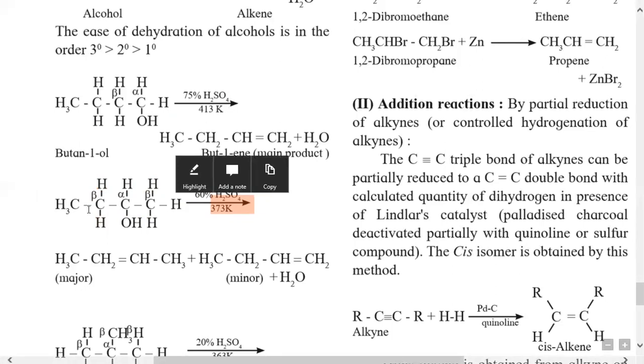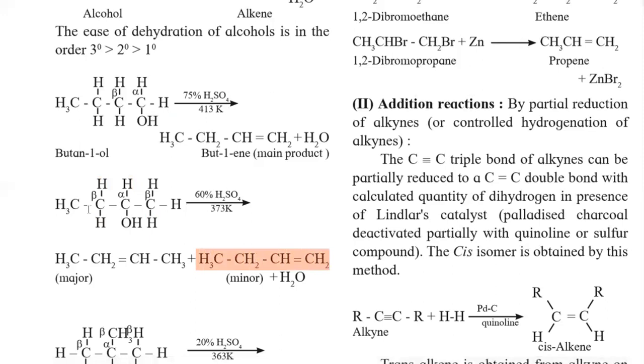Here, the two possibilities are: one is removal of a hydrogen atom from the left side beta carbon and the other is from the right side beta carbon. So if we remove a hydrogen atom from the right side beta carbon, then we get but-1-ene, but it is a minor product. Why is it a minor product?